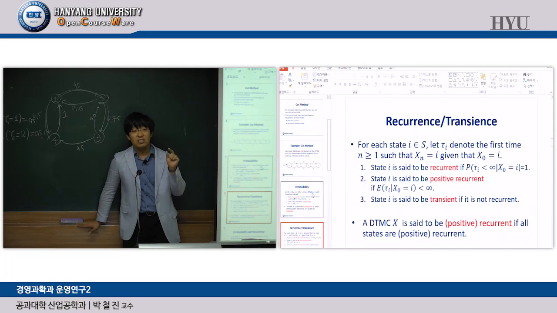So when you consider a certain state like state I, we start with I, and if the probability that tau I is less than infinity is 1, meaning we can come back in a finite number of steps with probability 1, then we call this state recurrent.